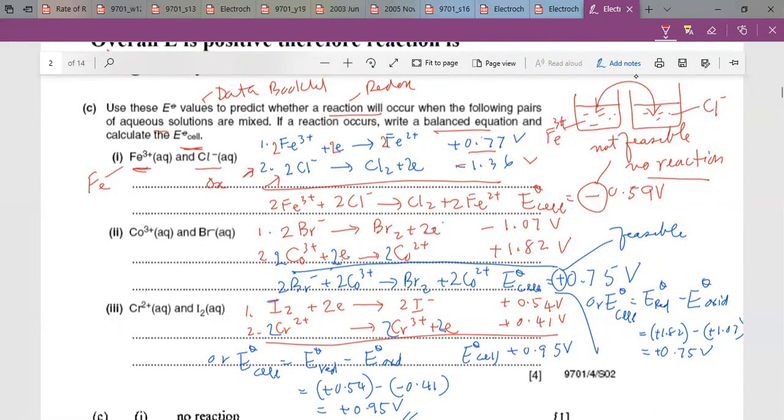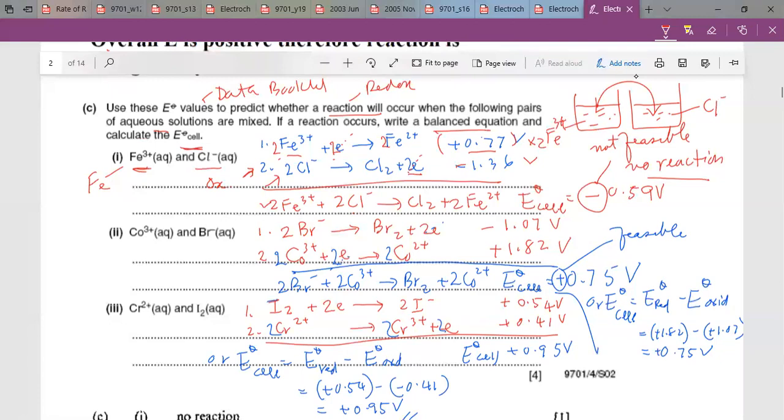This one can get 2 results. I make sure I balance the equation by multiplying by 2, because I got 2 electrons here. So 2 Fe3+, and I cancel off the electrons. I don't multiply this one because both are 1 molar. So I add them up: 2 Fe3+, 2 Cl minus, and this one here.